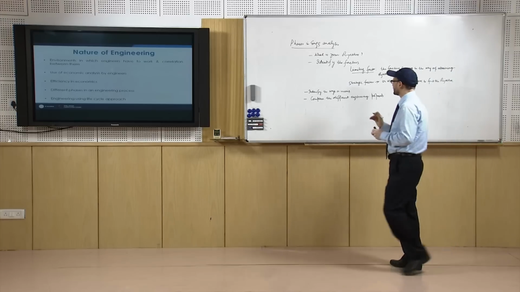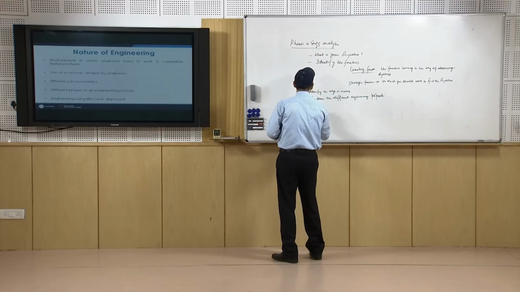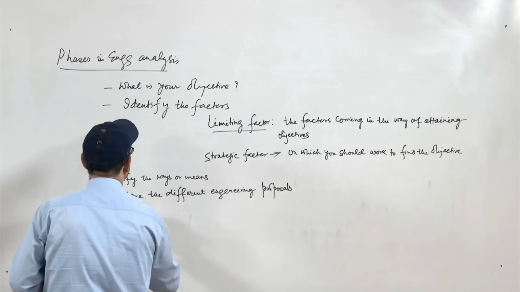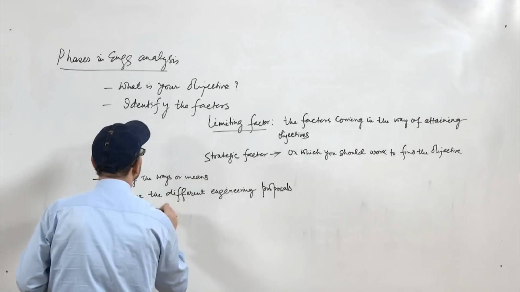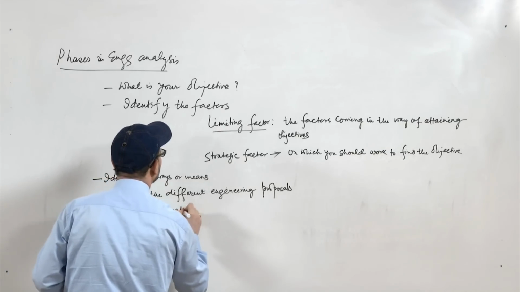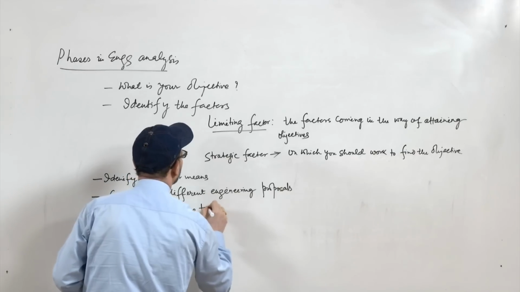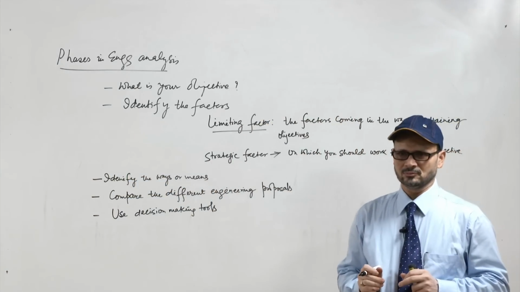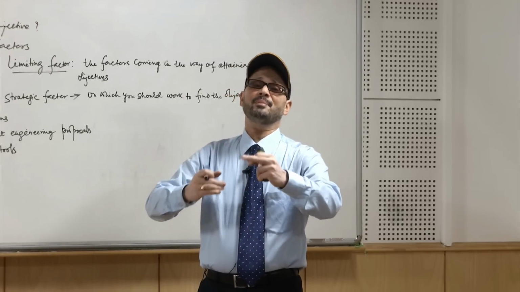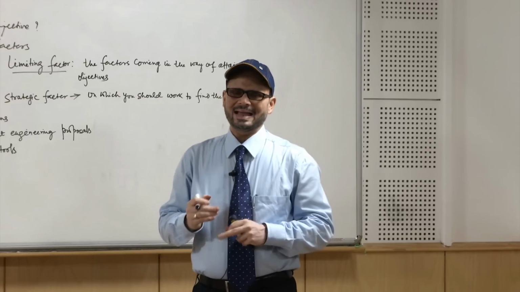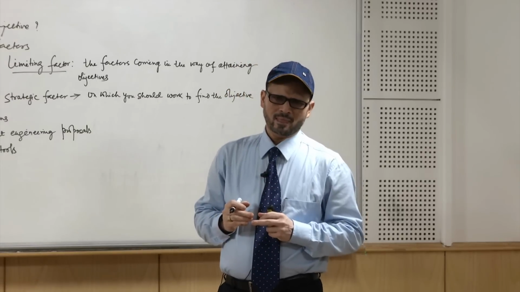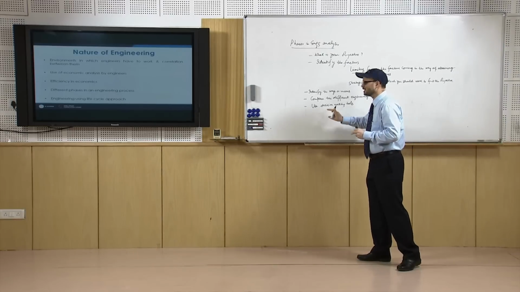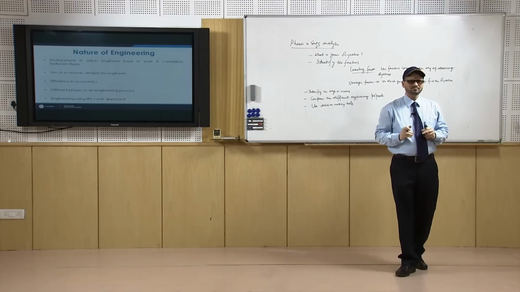For that, basically you have to use decision making tools. Which of the engineering proposals you should go for, which will give you the best result at least cost, has to be decided by the expert in that particular area.